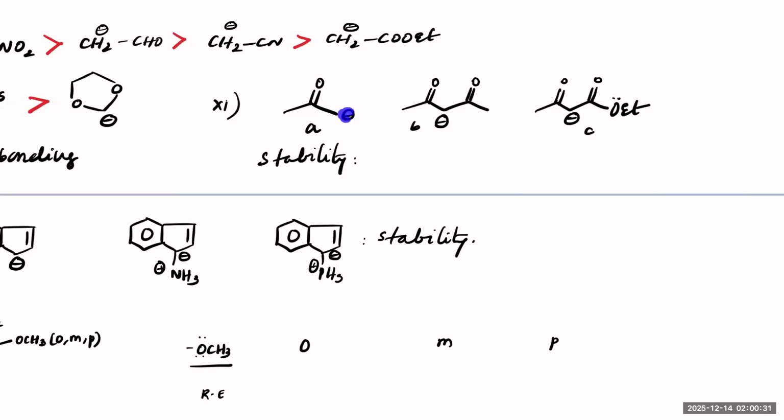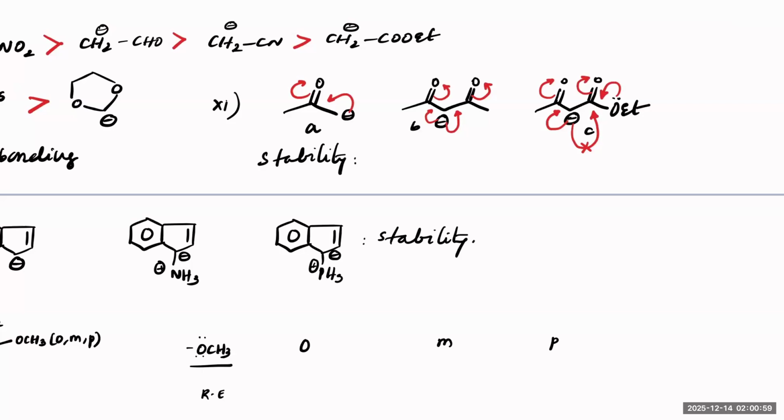Next, if you have a carbanion here, it genuinely has resonance stabilization on this side, and the same can happen on this side, on two sides. Now here, this side it is happening thoroughly, but this side it will be weaker. Reason being, this oxygen's lone pair itself is participating in the resonance.